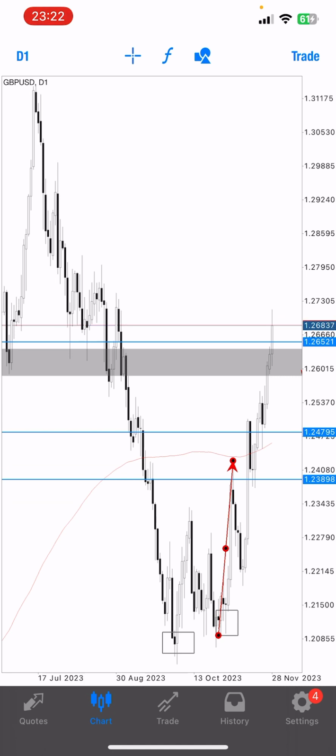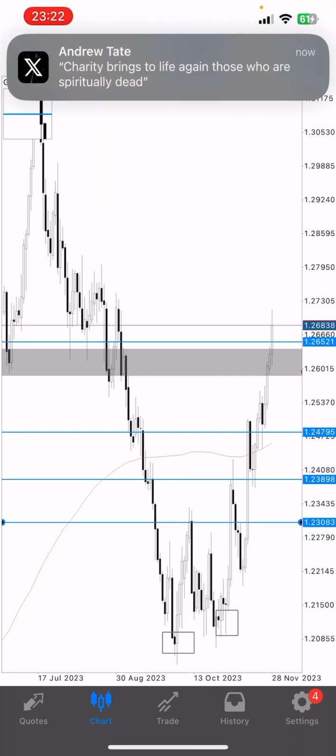Now what most traders do is come and draw this horizontal line here and mark it as what we call the neckline area. Most traders will start putting buying orders on this area here.